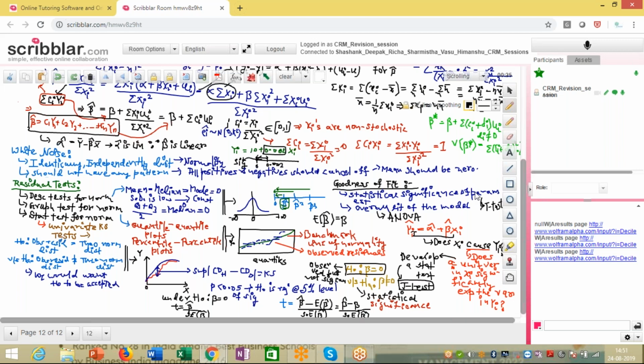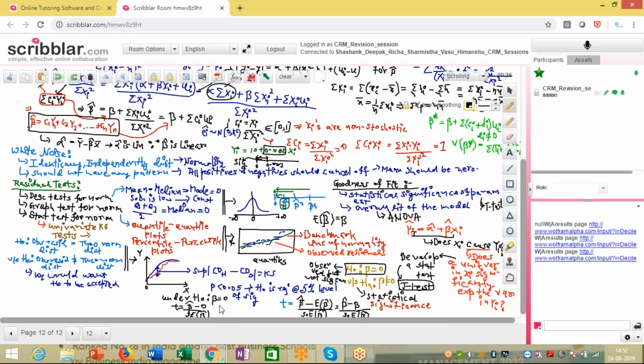What I'll say is that the further the beta hat is from 0, because this beta hat is nothing but beta hat minus 0, the further the beta hat is from 0 relative to the standard error of beta hat, or relative to the overall variation in the sampling distribution of beta hat, the higher is the value of the test statistic.